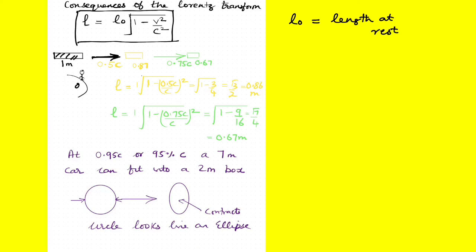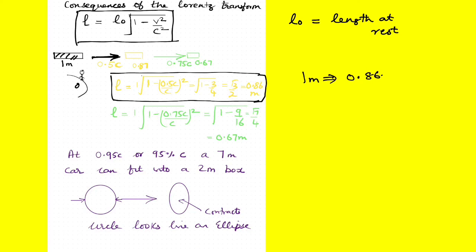You can see the calculation here which I have done. Substituting v as 0.5 c, we get the length as 0.87. So that means a 1 meter rod has actually become a 0.86 meter rod at 0.5 c.